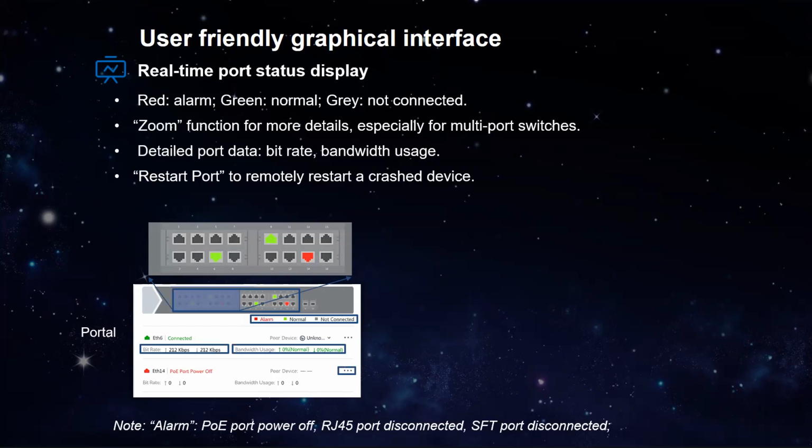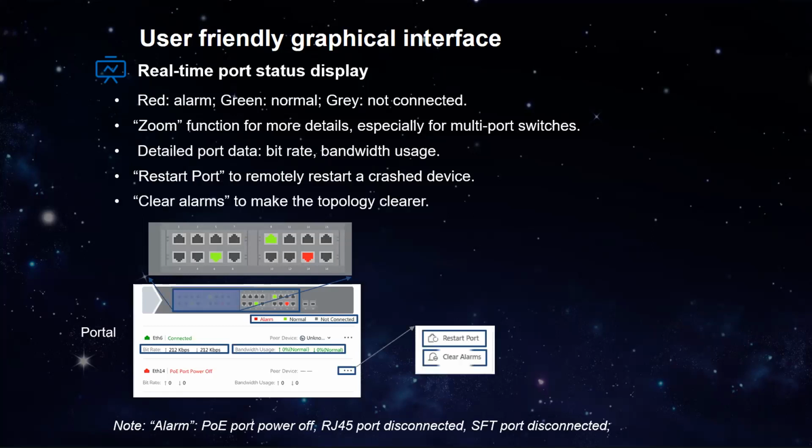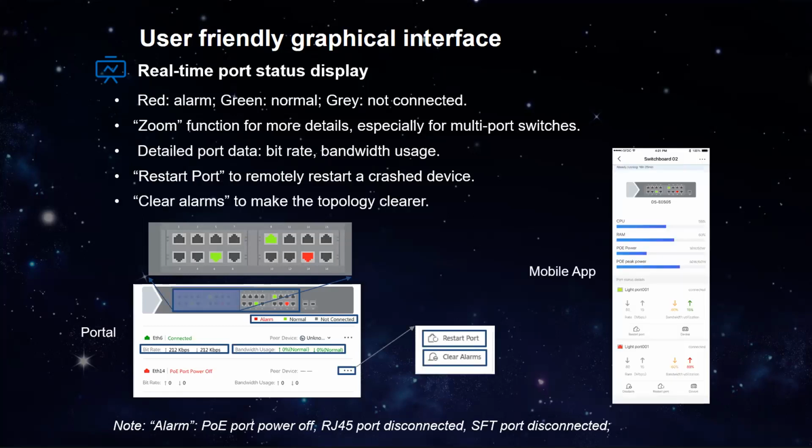If you do have a problematic port, with the red icon for instance, and you were remote, sometimes a restart, especially if there's a camera hanging off of that, might resolve the issue. You'd just restart the port, and then you can clear your alarms down. And as you can see on the mobile app, you get the same functionality.